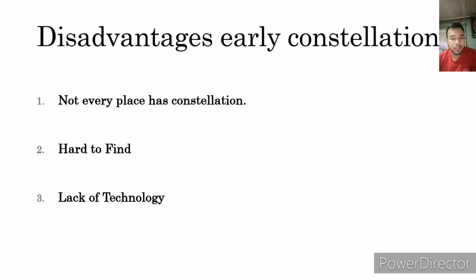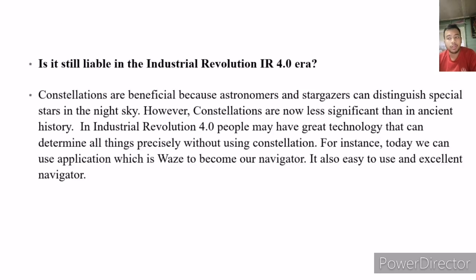Is it reliable in the industrial revolution or not, in IR 4.0? Constellations are beneficial because astronomers and stargazers can distinguish special stars in the sky. However, these constellations are now less significant than in ancient history.